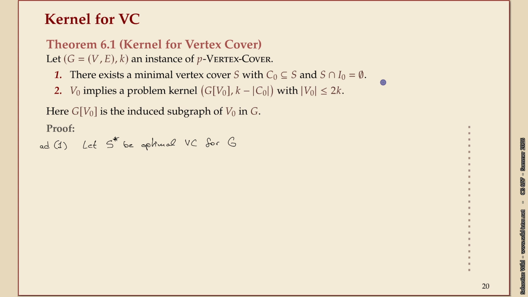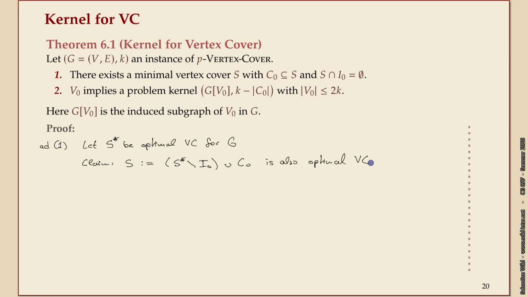Okay? So we define the modified solution where we take S star, we take out all the ones that are in I0, and then we add everything in Z0. And we claim that's as well an optimal vertex cover.